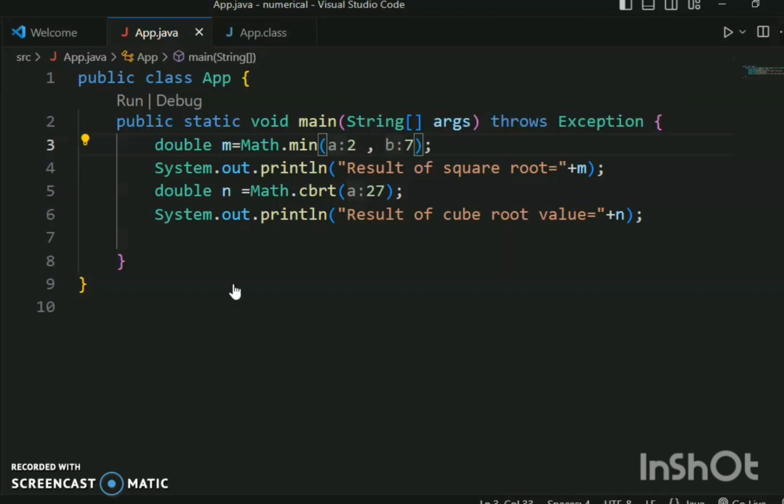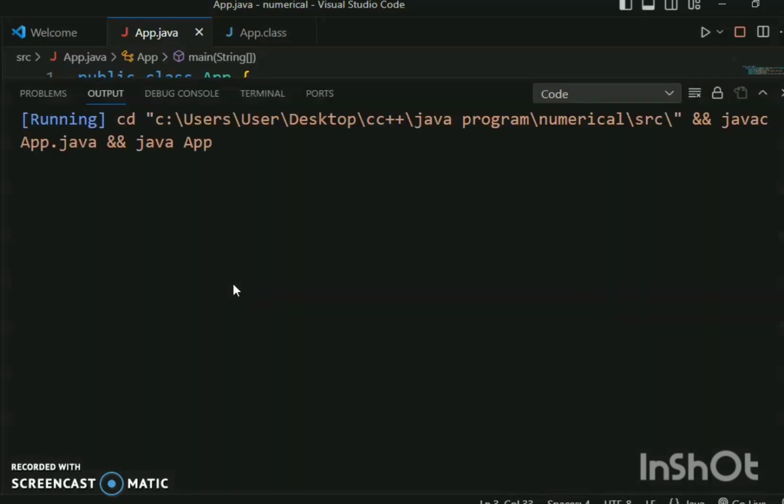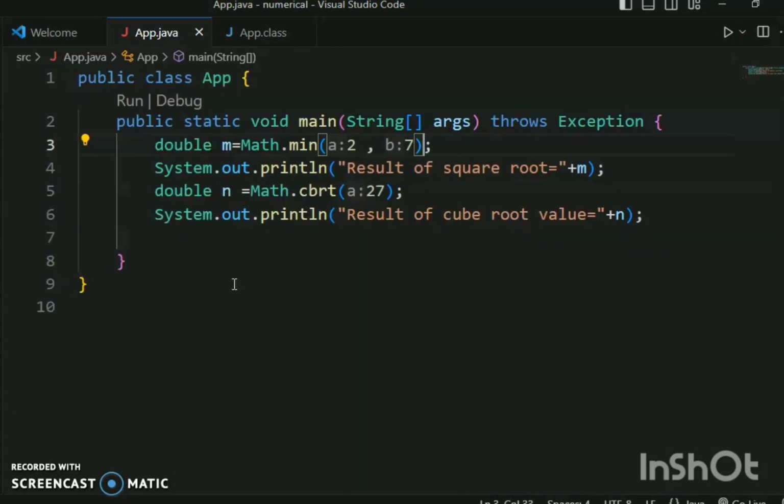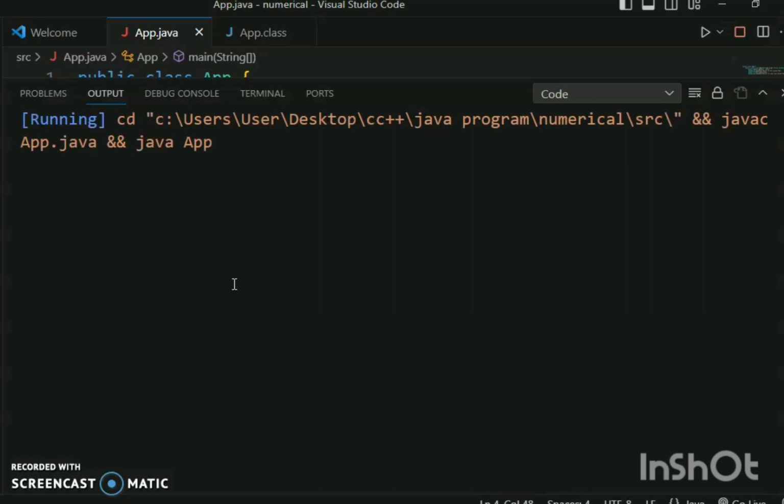Now you check my answer. Sorry, it is not square root, I have to write min value. Result of the min value. In this video I just try to introduce all kinds of math library. You will check that it is the min value.